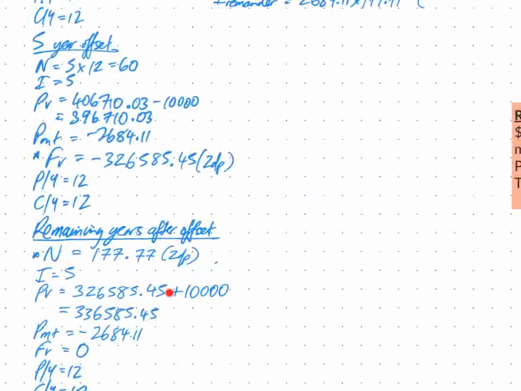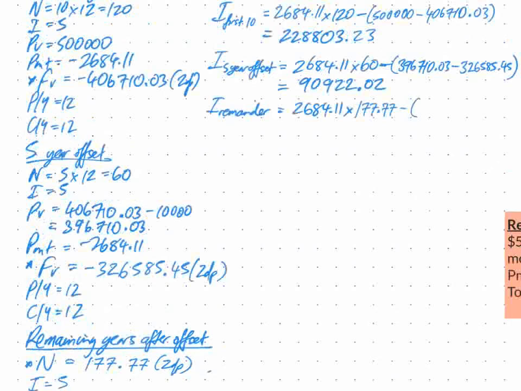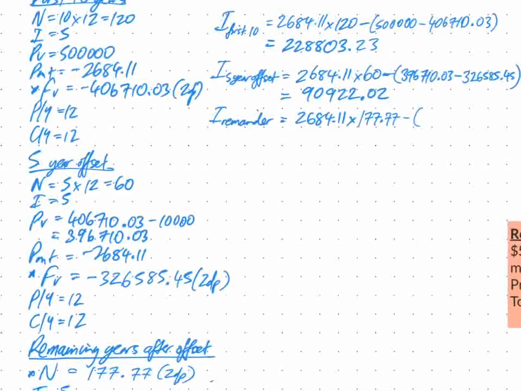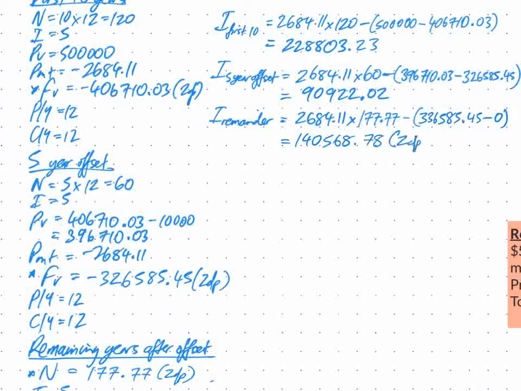Well, the offset was removed, so the debt increased by 10 grand, so it's 336,585.45, and I got the debt down to 0. So I'm going to be paying $140,568.78 to 2 decimal points in interest.